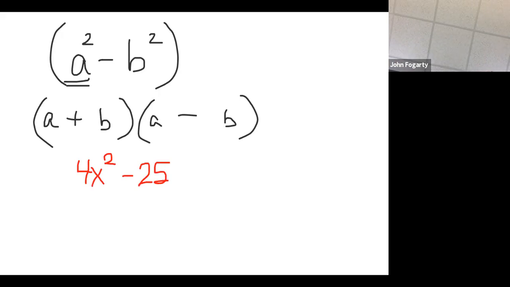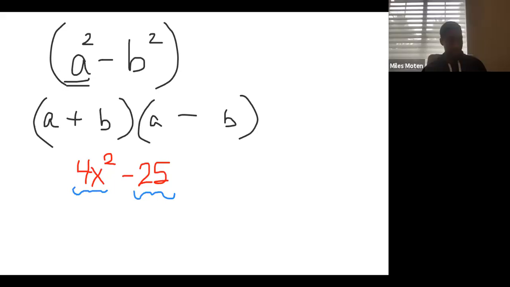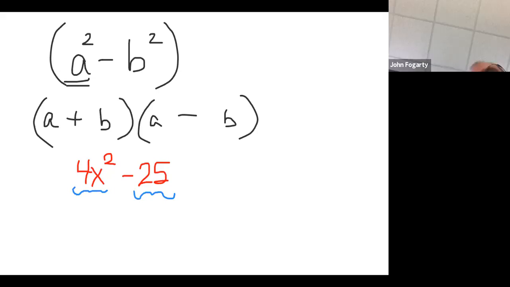So you see two terms, but before you jump to GCF, you sit there and go, ooh, two terms with a minus sign between them. I wonder if these two terms are perfect. Well, we know 25 is. What's the square root of 25? 5. And we look at x squared. We know x squared is perfect. I wonder if the coefficient's perfect.